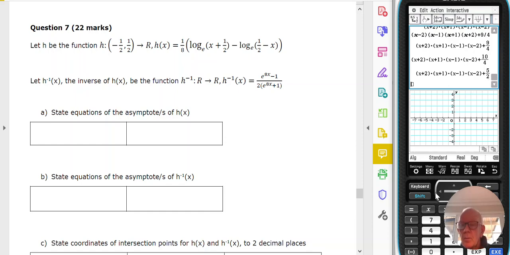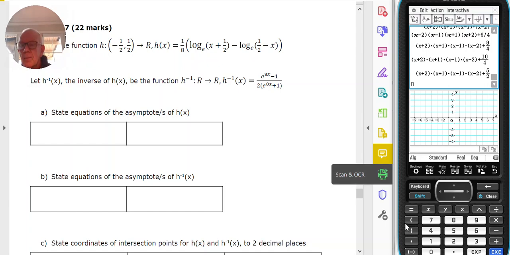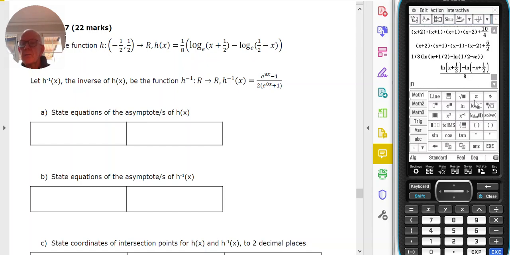I've got 1/8, so 1 divided by 8, and I'll open up my bracket. Inside the bracket, I've got log base e, so ln(x), close that bracket. I've also got a bracket x here, and it should be 1/8 of, yep, that's good.